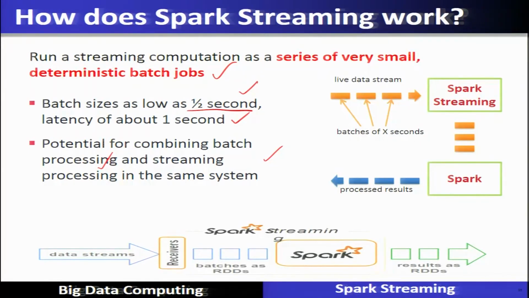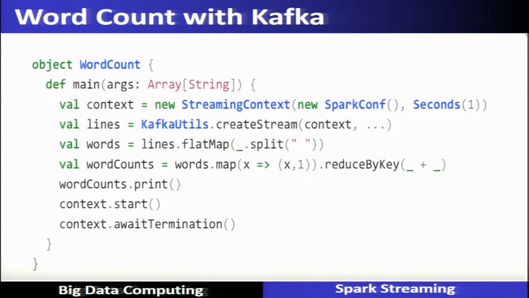Therefore, it is possible to integrate both batch processing and streaming processing in the same system. And now let us see an example of word count with Kafka as the live input source, and how this is all done in the Spark Streaming system.